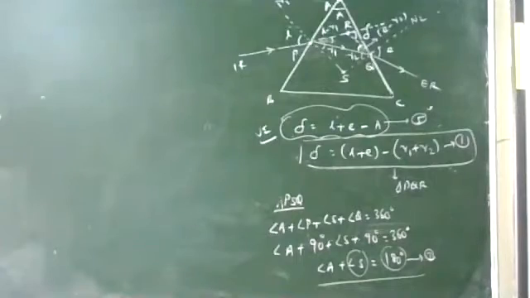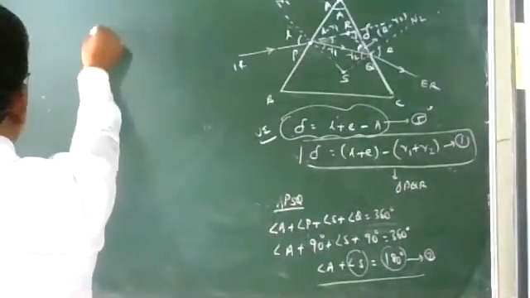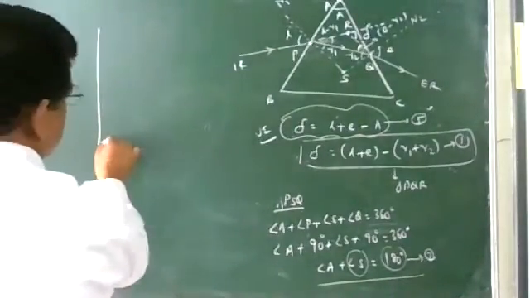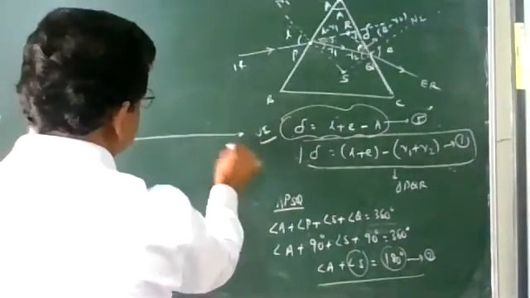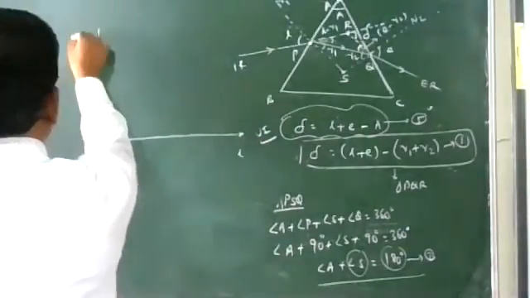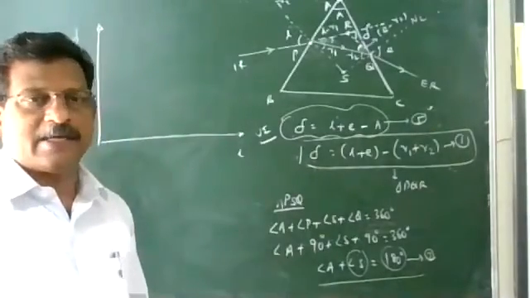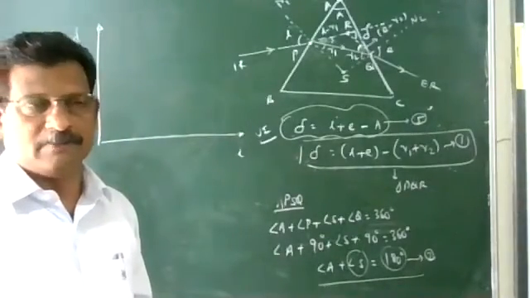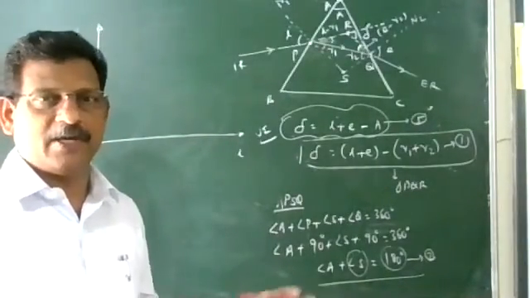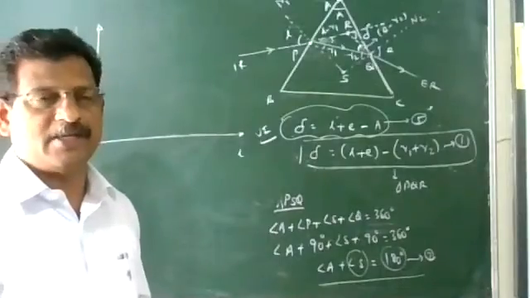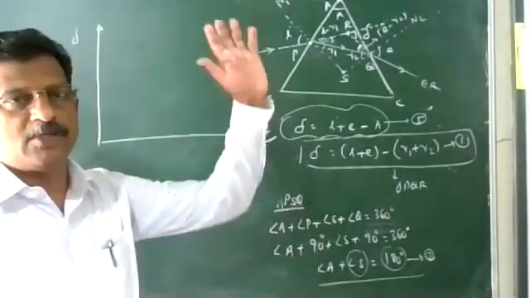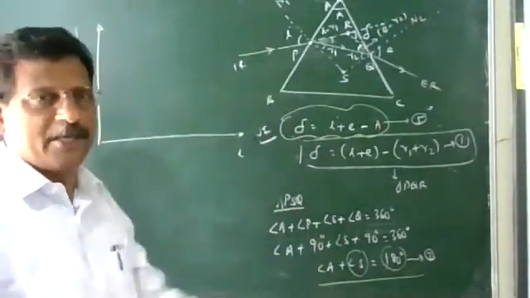Variation of angle of deviation with angle of incidence. Angle of deviation is plotted along the y-axis. Angle of incidence is plotted along the x-axis. As the angle of incidence increases initially, 30 degrees, 35, 40, 45, the deviation value is decreasing initially.